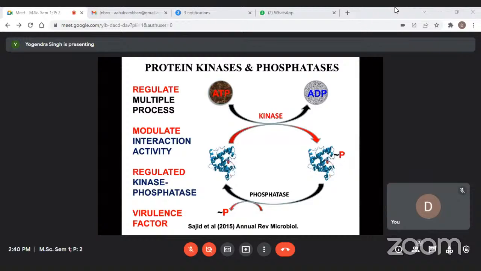Surprisingly, what we and many other people also noticed is that these modifications also work in bacteria as a virulence factor. So bacteria have seen how our pathways work. They have utilized this knowledge in evolution, evolving such proteins which can modulate our metabolic pathways, and I will show you that.